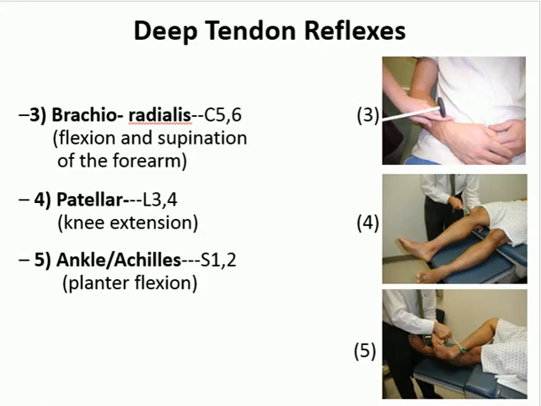Brachioradialis is innervated by C5 and C6 and assessed on the flexion and supination of the forearm. Patellar reflex is assessed on the knee extension with a hammer and is innervated by L3 and L4. Ankle or Achilles reflex is assessed on the plantar flexion and is innervated by S1 and S2.